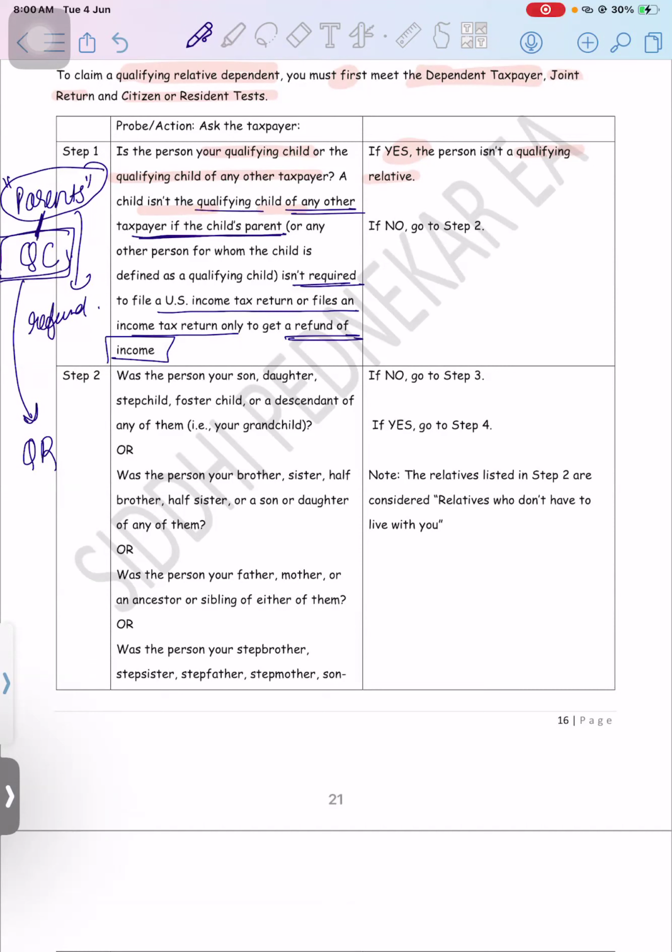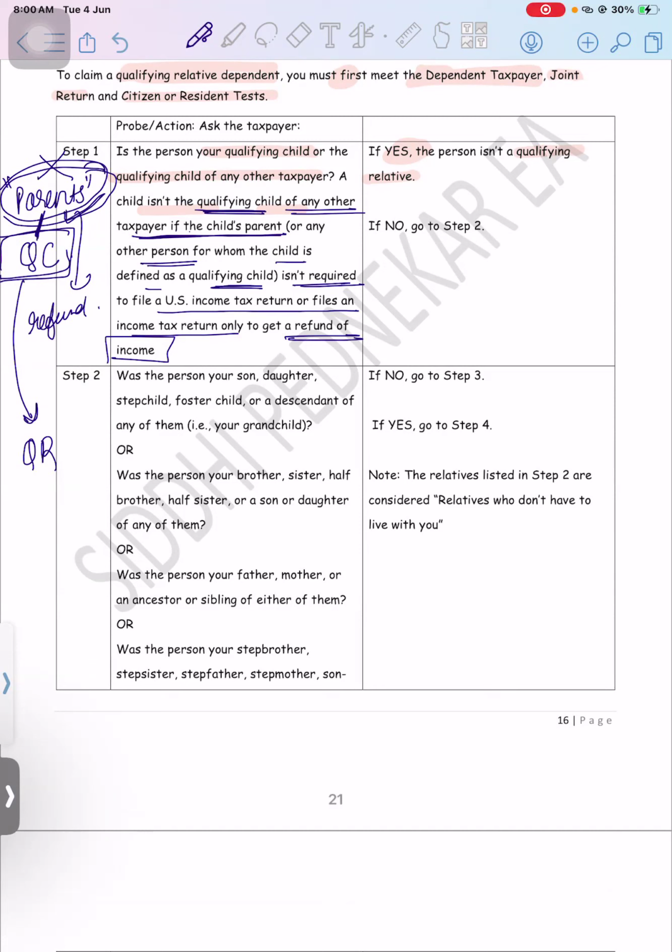The child isn't a qualifying child of this taxpayer if the child's parent or any other person for whom the child is defined as a qualifying child isn't required to file the income tax return, but they are just filing it to get the refund. And they have mentioned the child as a dependent on their tax return. And all other criteria are fulfilled.